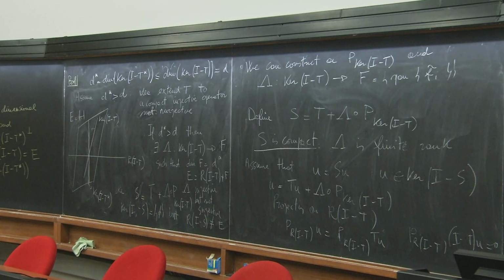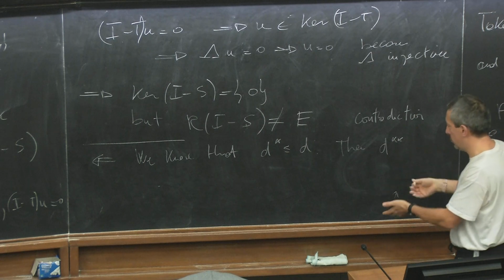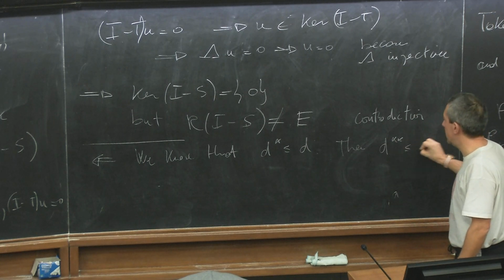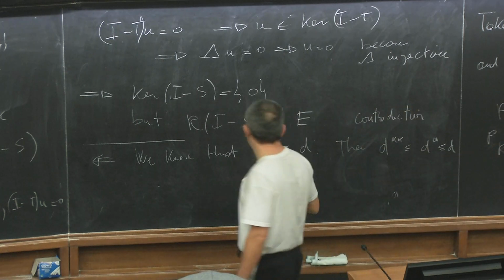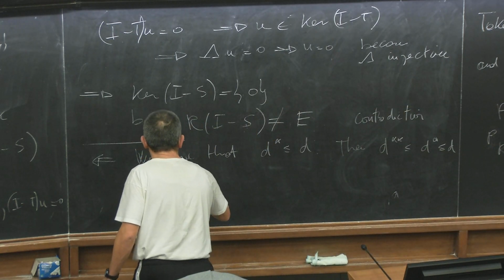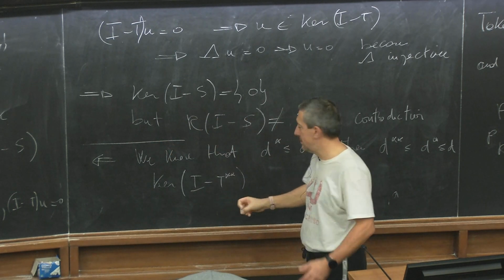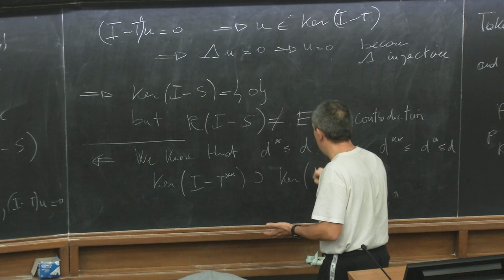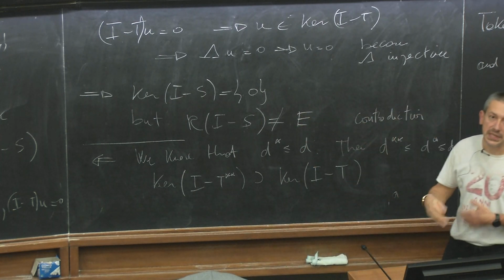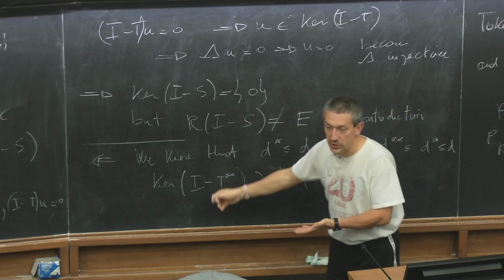Then D star star, with obvious notation, the dimension of the kernel of the second adjoint, is less or equal than D star. Now we will see that this implies that they are the same. So what is this guy here? This is the kernel of identity minus T star star in E star star, but this is contained clearly in the kernel of identity minus T, up to the isometrical embedding, because if I have a vector here which is 0, when I do the embedding it's the same.